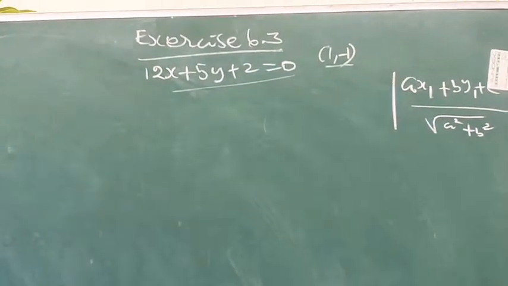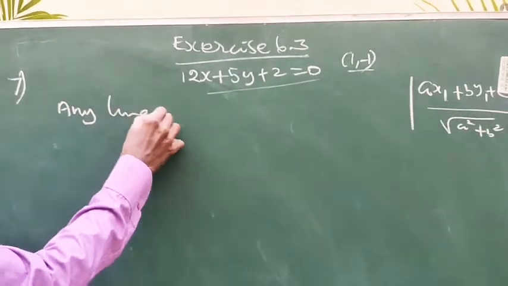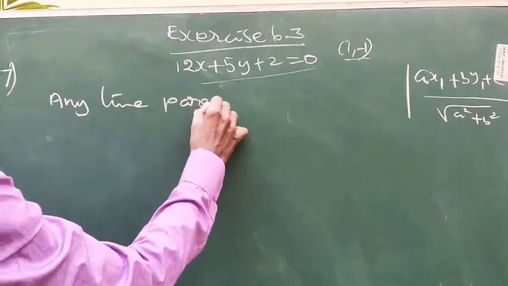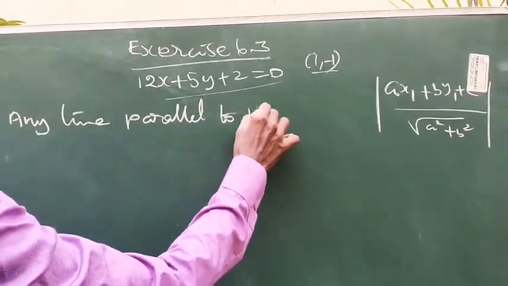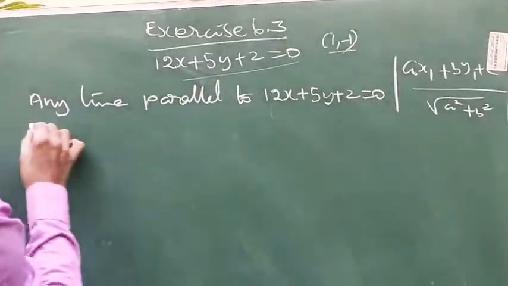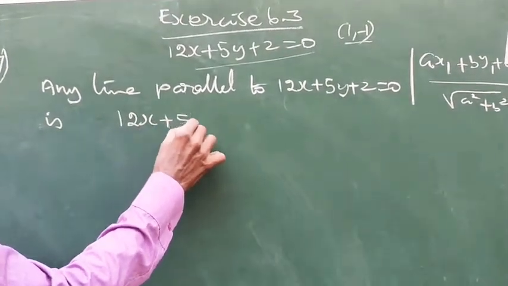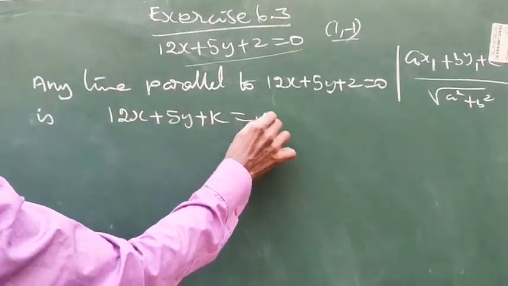Now listen, my dear student. First, any line parallel to 12x plus 5y plus 2 equal to 0 differs only by the constant term: 12x plus 5y plus k equal to 0.